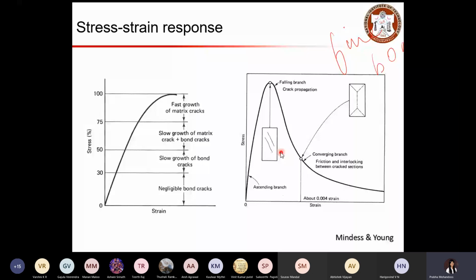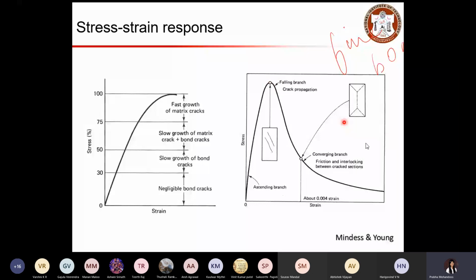So crack propagation will be faster when you reach the ultimate stress. Beyond this point, the strain increment will be faster, and you will see the material cannot take much load. So you can start looking at a drop in this region after your peak. That's why typically we call this region the pre-peak region, and you have this peak region and this post-peak region, right?